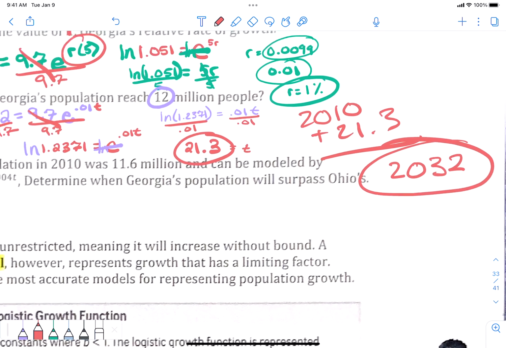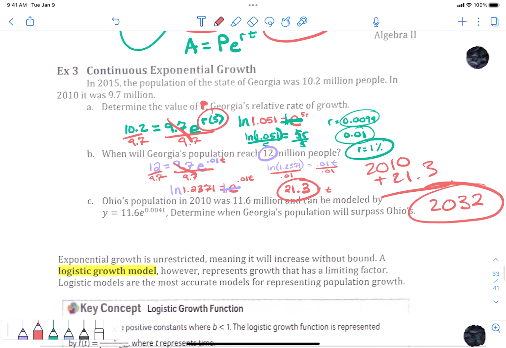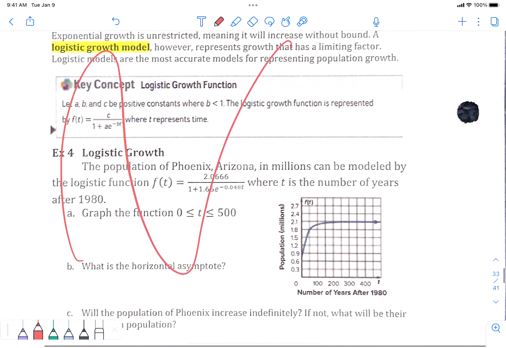Because 21.3 was our T, and we're starting in year 2010. So if 2010 is like our year 0, then 2032 would be year 21-ish. Okay? Good? All right, we're going to skip part C, and we're going to skip this bottom part right here.